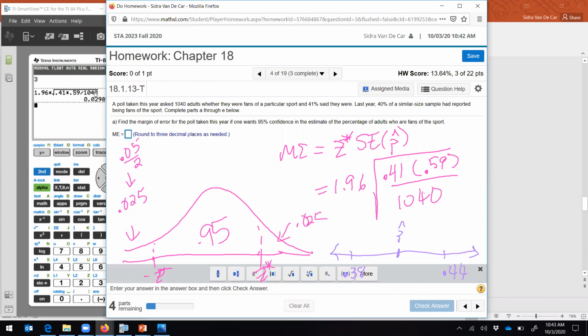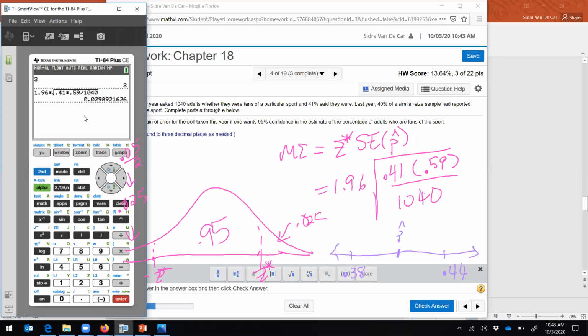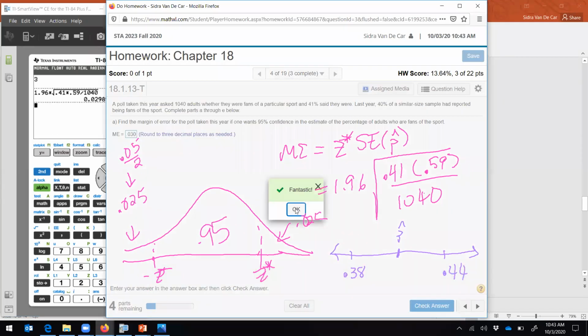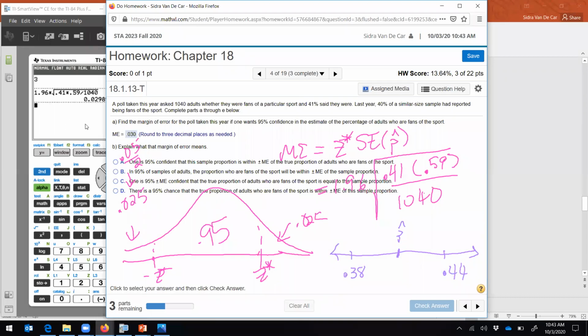So I'm going to type it in as the decimal and we may have to change it to percentage. 0.0298 would round to 0.030. In case it's percentages, I'm going to go ahead and check the answer and okay, good. All right, 0.030. That's the way they wanted it.